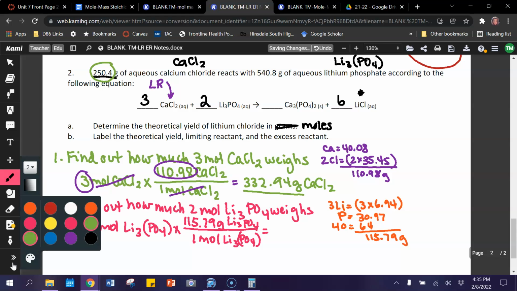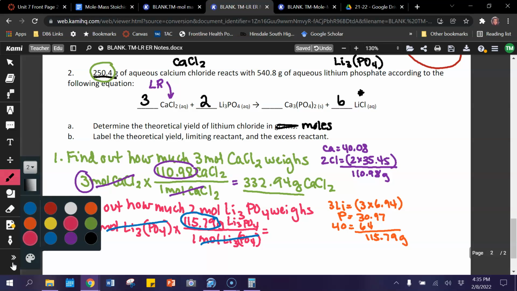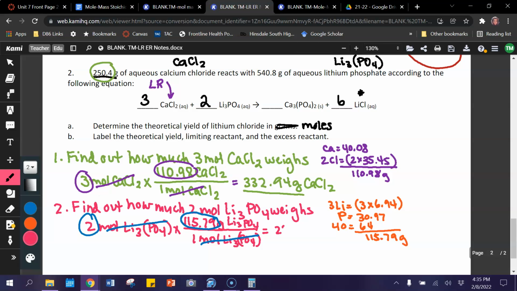So now in order to solve this, I am going to cross out, that's the fun part, moles of lithium phosphate, and now I just need to multiply 2 times 115.79, and when I do, I get 231.58 grams of lithium phosphate.